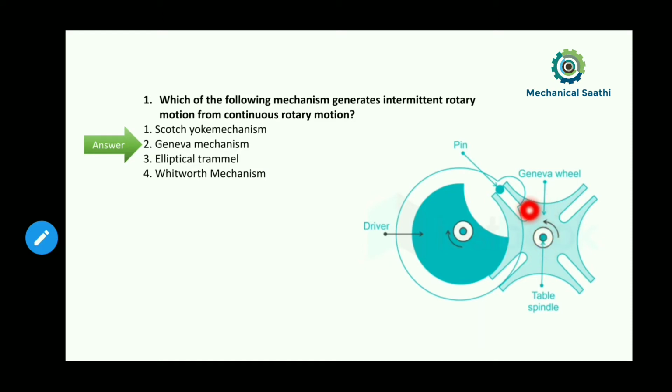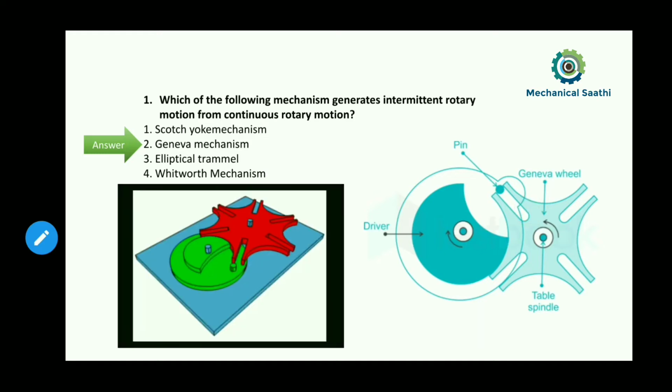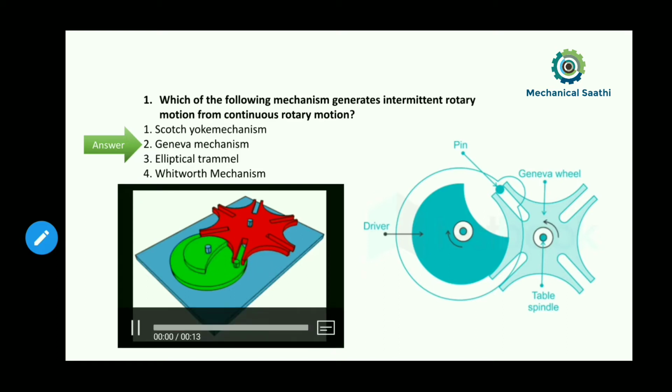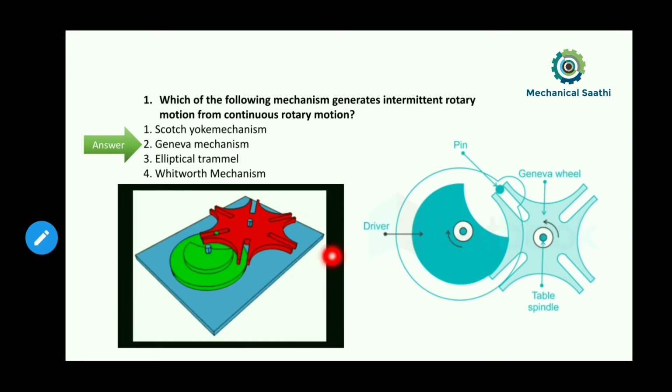So let us see an animation video so that we can get the concept clear. See this: when this pin is moving from this point to this point, from here to here, at that time only this Geneva wheel is rotating. I think it's clear to all of you. Let us see it again so that we can understand it in a better way.